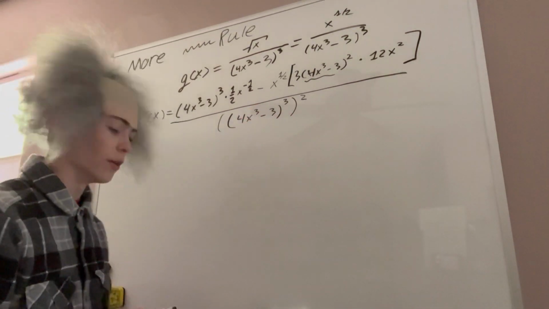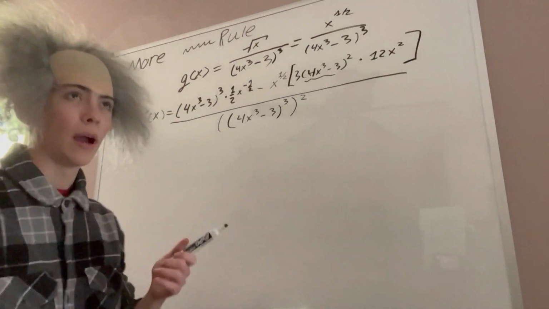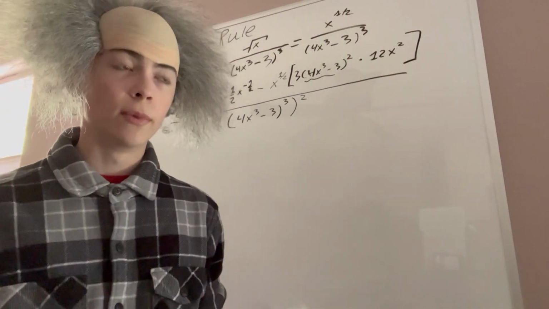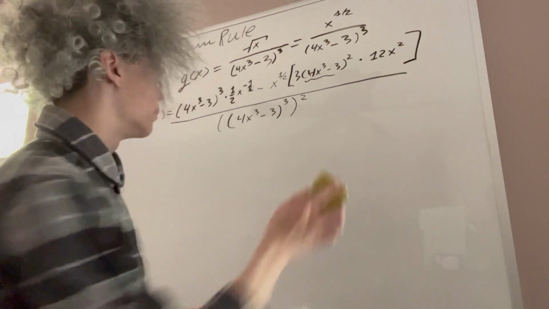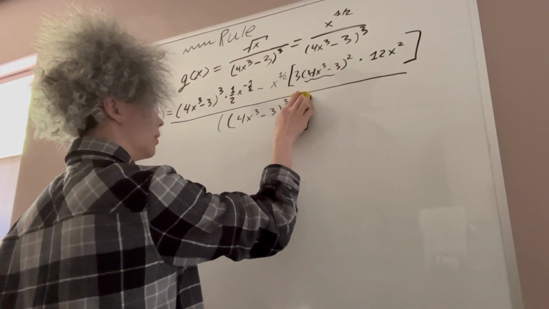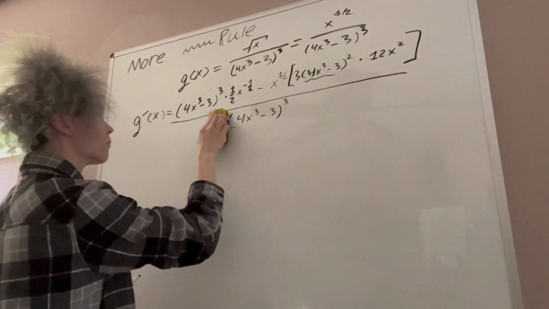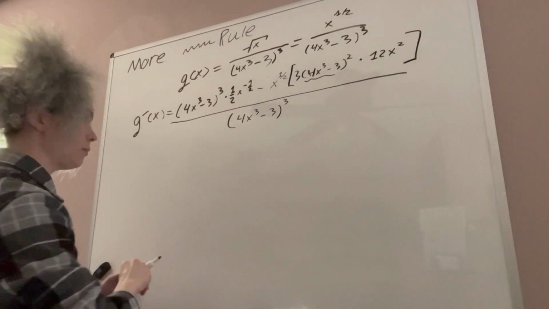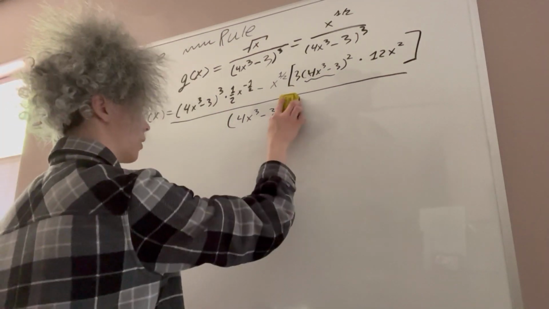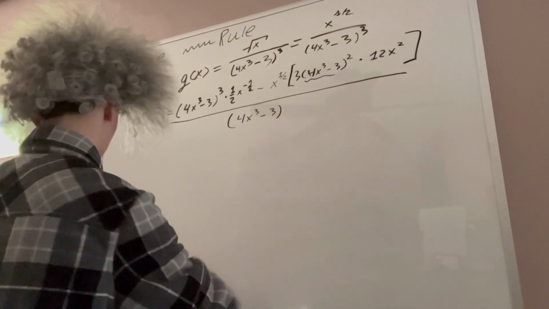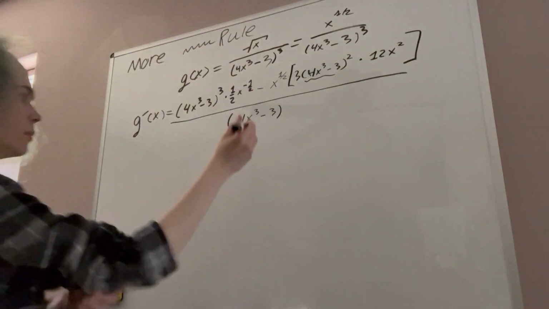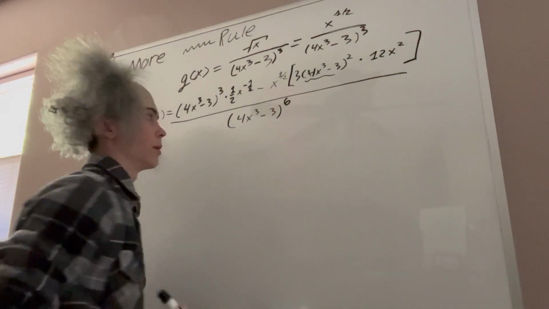You just multiply those, right? Power to a power, multiply them. And so that's what I'm going to do here. Oh, forgot to erase that 3. And that's going to be here 6. Okay, and that's it.